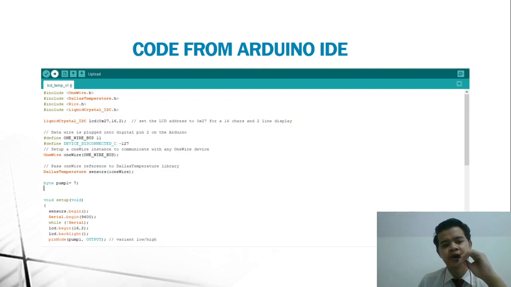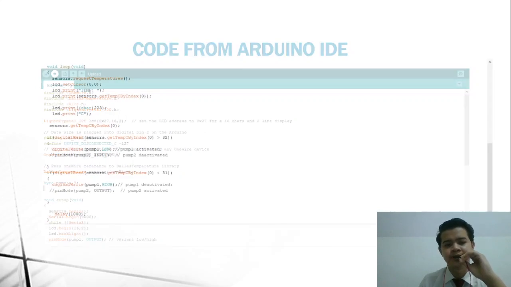The data was wired to pin 11, as you can see, wire bus 11. If the circuit is disconnected, the LiquidCrystal I2C will display negative 127 degrees Celsius.